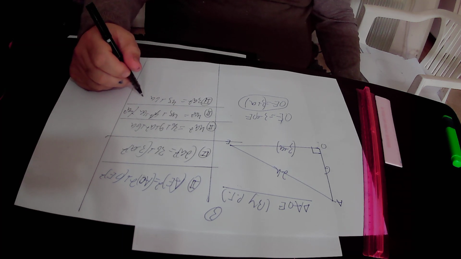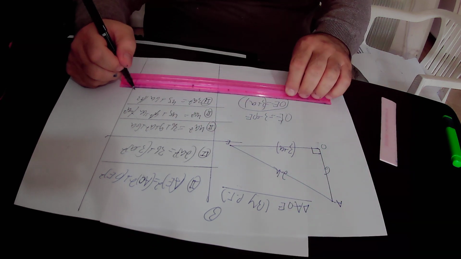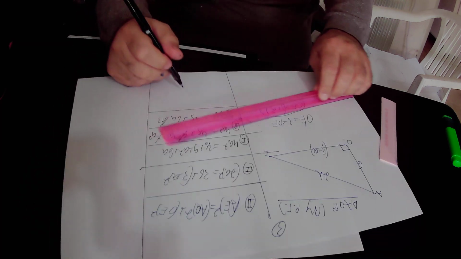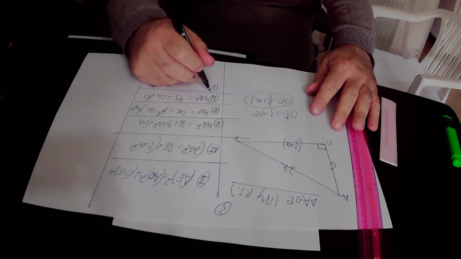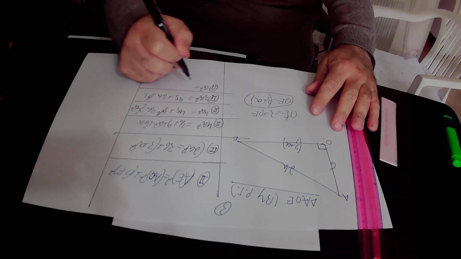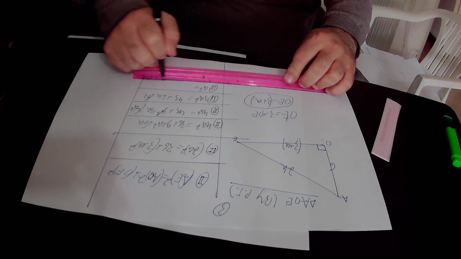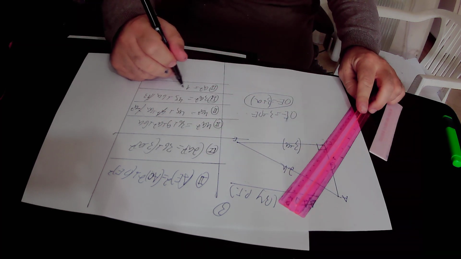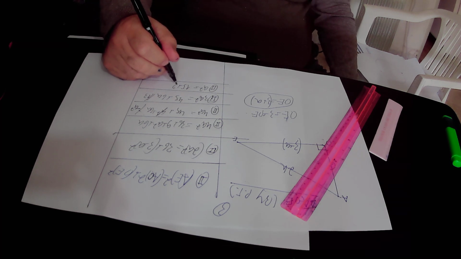Here we divide equation number 2 by 3, and we get that 3A squared over 3 is A squared, and it is equal to 45 over 3 is 15, plus 6A over 3 is 2A.